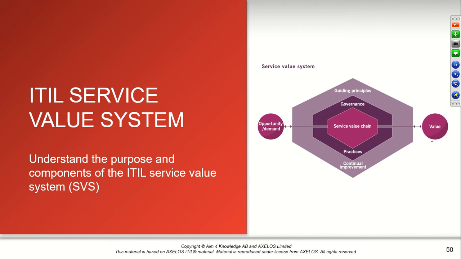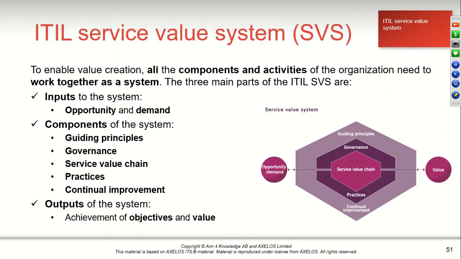And then we have the third part, which is the value being created. So these are the three main parts of the service value system: the input, which is either opportunity or demand; the components, which are five of them; as well as the output, which is talking about the objective and the value being created.